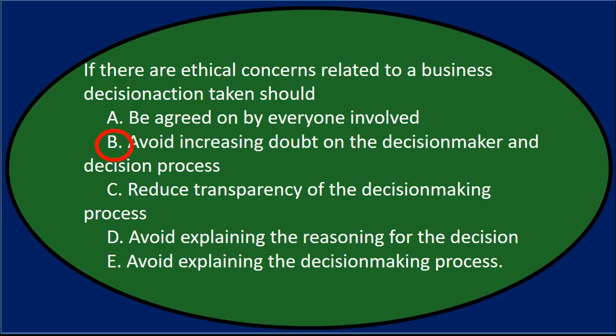C, reduce transparency of the decision-making process. Typically, that's not a good idea. In order for us to increase the confidence in the process, usually we do that by increasing transparency in terms of the process. People want to know. They may not agree with the decision; people don't always agree with the decision that is made.